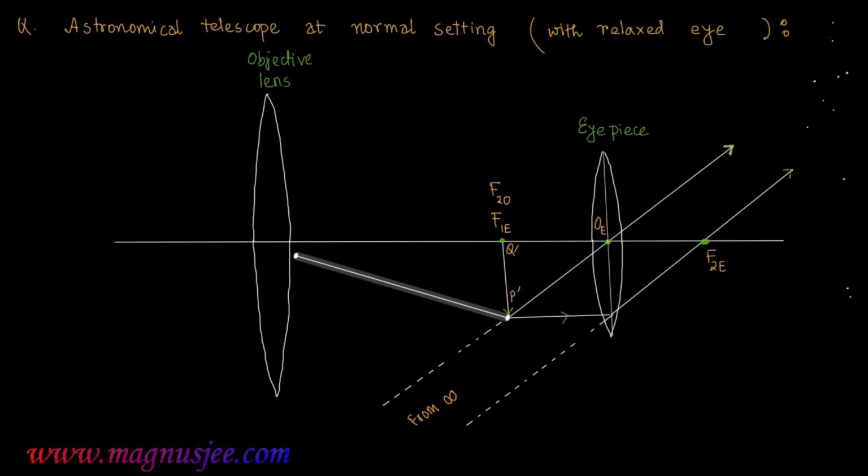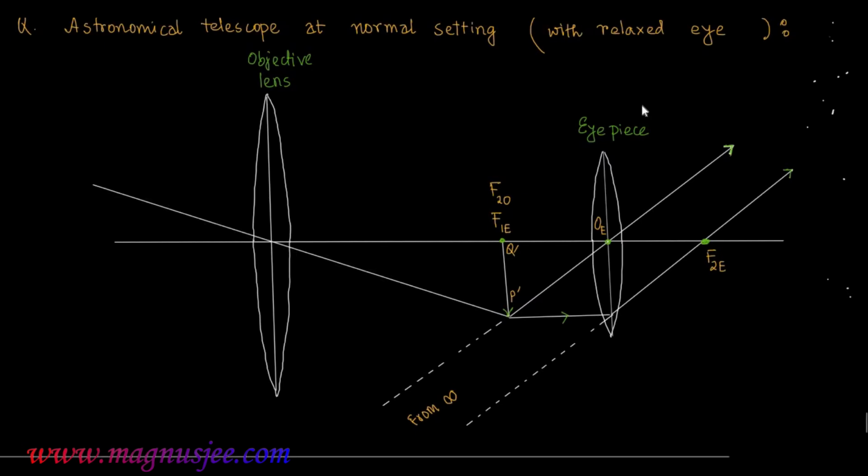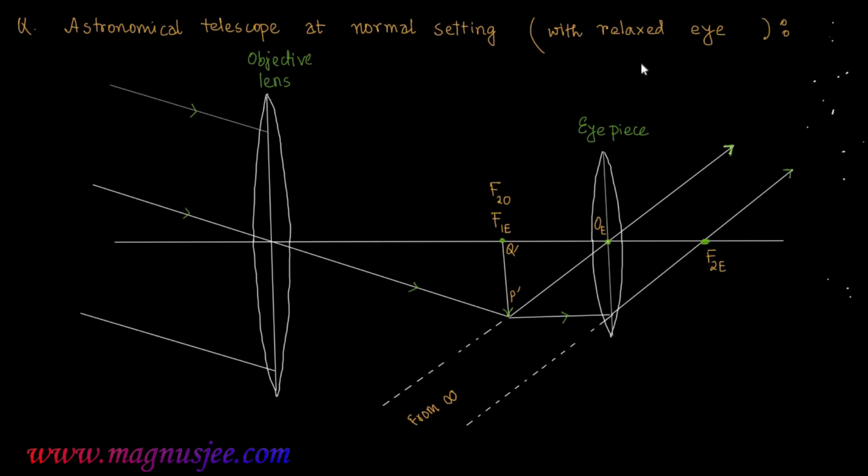Now we can denote an incident ray. This is the aperture of the objective lens, and we can denote a ray which is coming from the astronomical object and passes through the optical center O of the objective lens without any deviation. This is the ray coming from the astronomical objects. We can denote two more rays which will be parallel to the first ray.